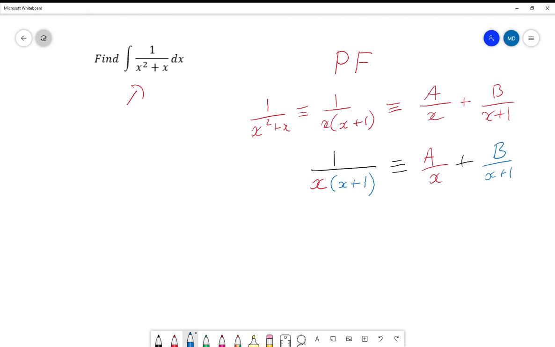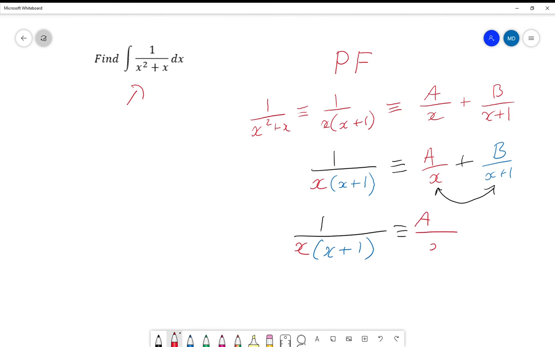Now, to work out these values of A and B, we have to multiply up till we can get a common denominator between these two. Obviously, we know that the common denominator is going to be x(x + 1), and so we're going to write that like that.